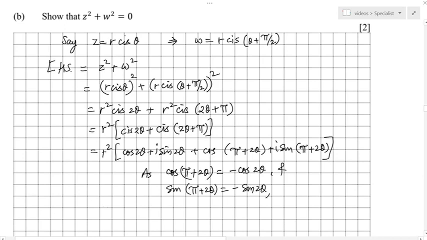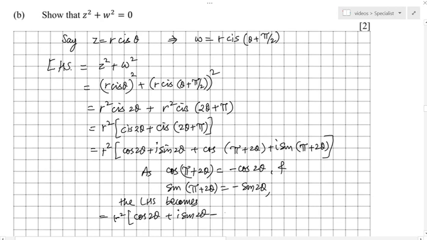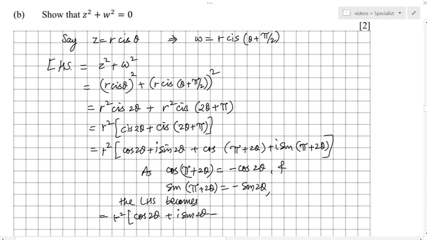So the left hand side becomes r square times (cos 2 theta plus iota sine 2 theta minus cos 2 theta minus iota sine 2 theta).